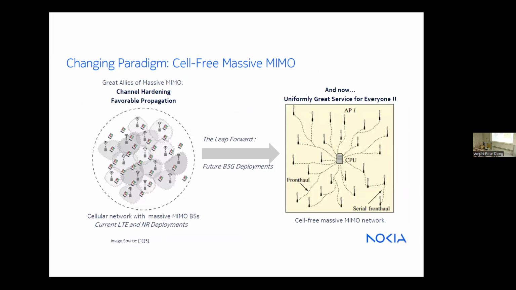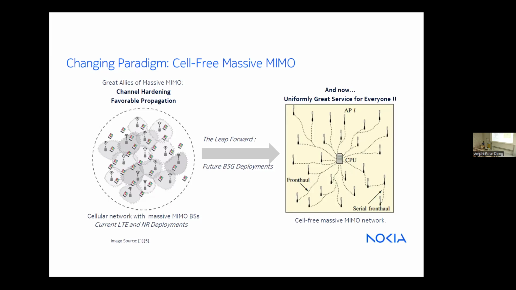And now we talk about cell-free massive MIMO. The paradigm of cell-free massive MIMO basically revolves around the idea that you are allowed to connect different base stations, or more precisely access points, to each other. In the work that I have done, you assume that these are single antenna entities.